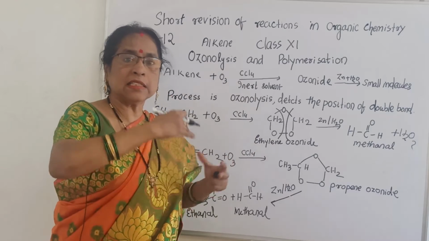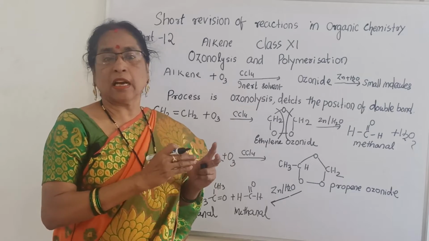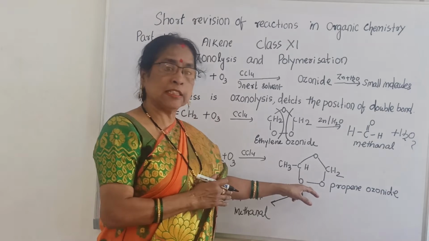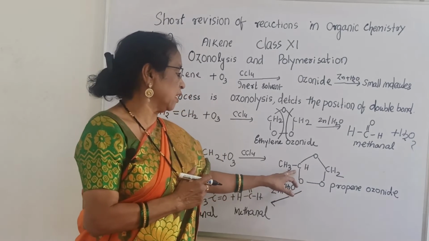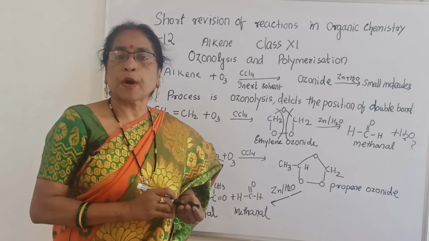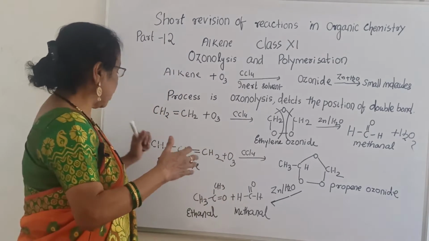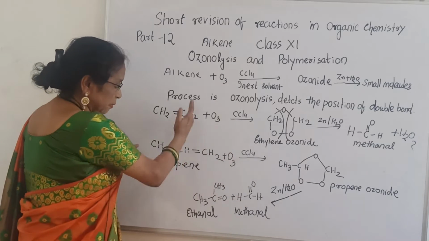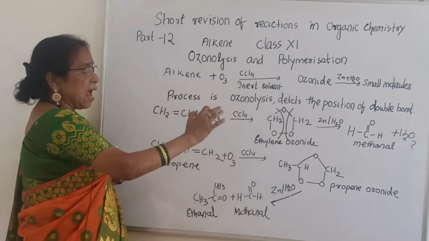It is attached in such a way that it satisfies the valence, since oxygen has 2 bonds, one on this side and one on this side, so it is known as propene ozonide. Again see, propene when reacting with ozone gives propene ozonide. The double bond breaks and it gives 2 oxygens here and 1 oxygen there, and that is called propene ozonide.